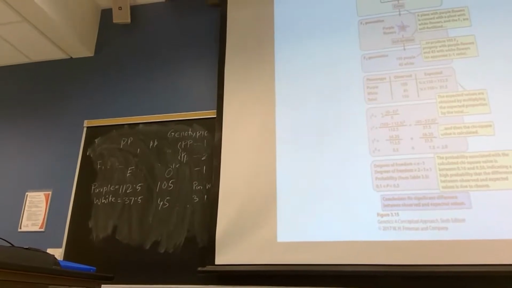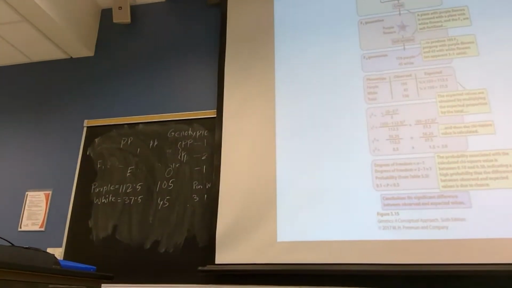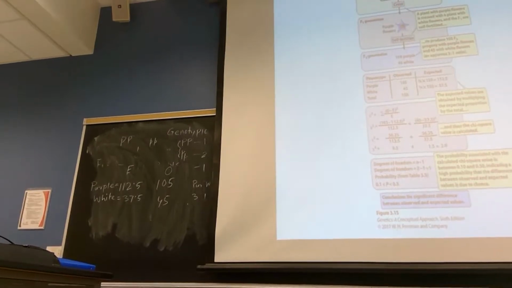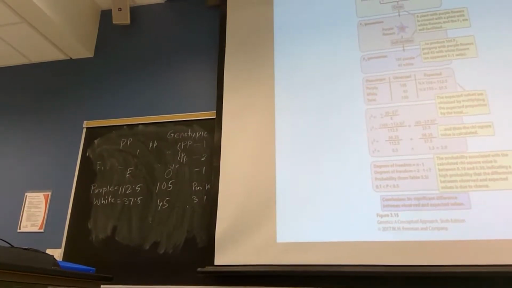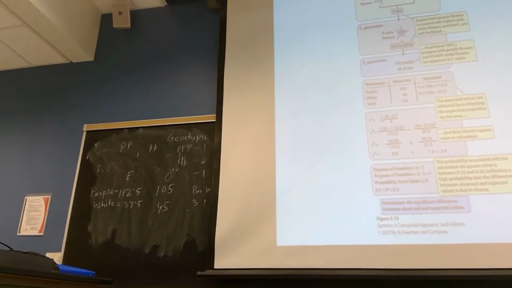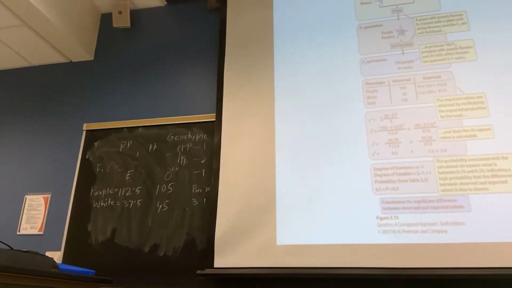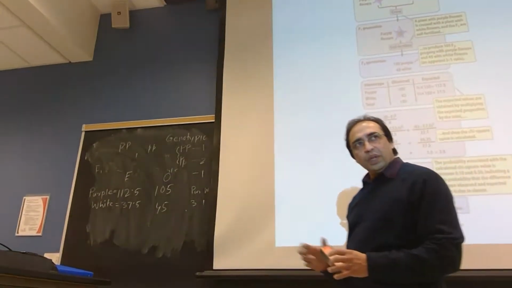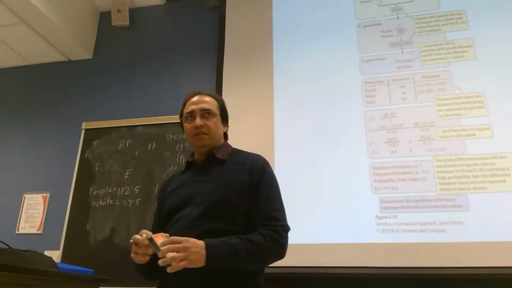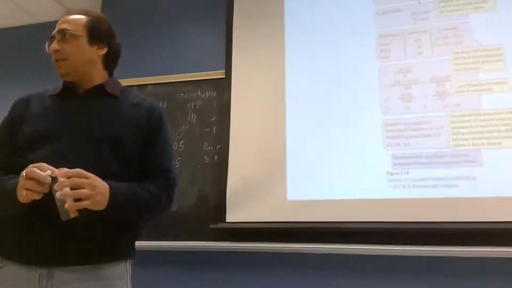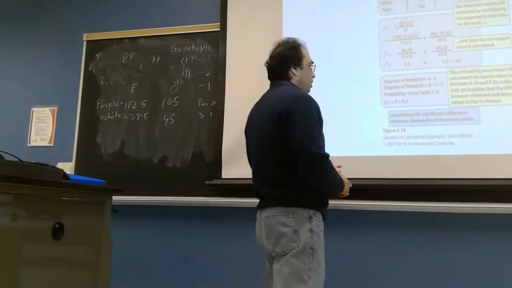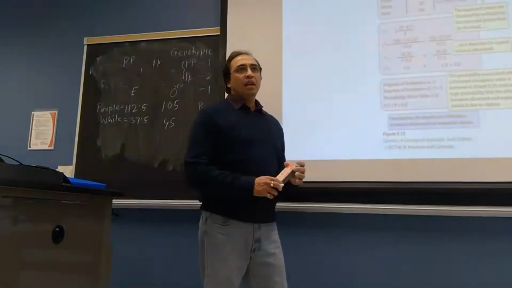Now, 0.5 means what? 95%. 0.5 means 5%. So we are thinking that if it is within the 95% value, then it is good. If it is above the 95% value, then it is not good.